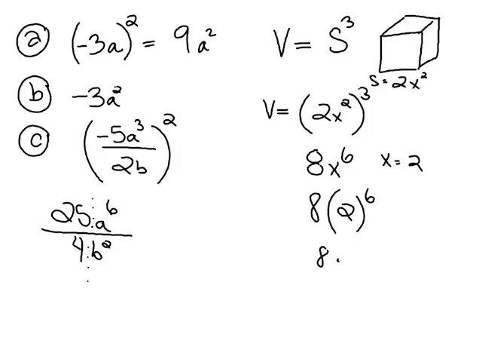So I'll have 8 times 64. Grab the calculator. That's 512. And then whatever my units were, let's say it was 2 centimeters, then centimeters cubed. So volume is always in a cubic unit.